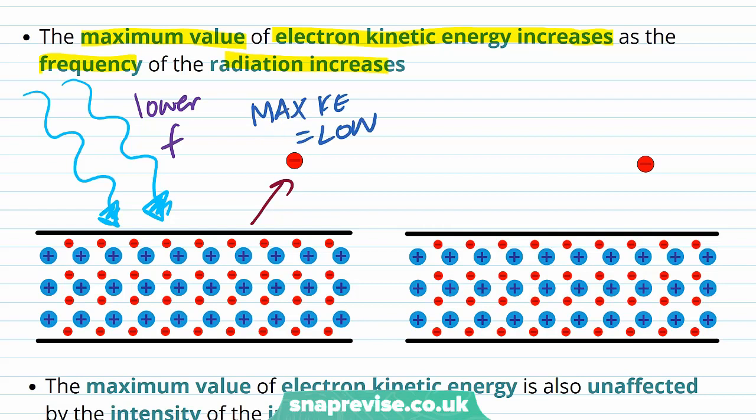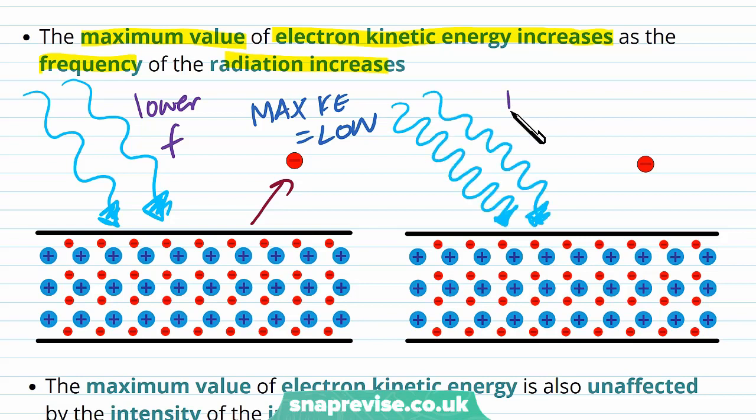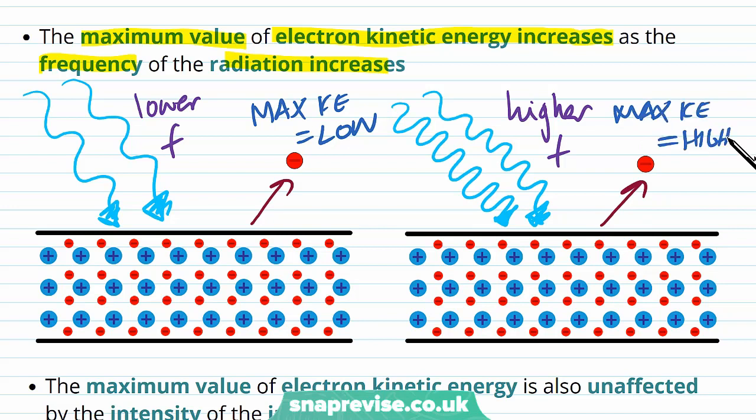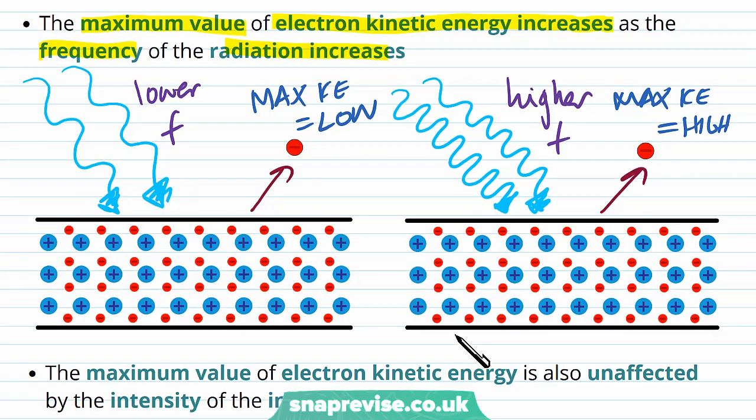However, if we have a higher frequency incident on the surface, it was observed that this electron emitted would have a higher maximum kinetic energy. So now we have a high maximum kinetic energy. So depending on the size of the frequency that's incident on the metal surface, the maximum kinetic energy values of the electrons emitted would vary. So a higher frequency would mean a higher maximum kinetic energy value.